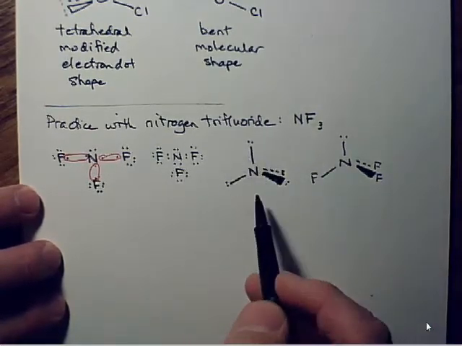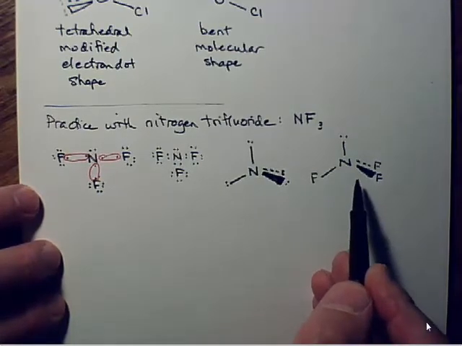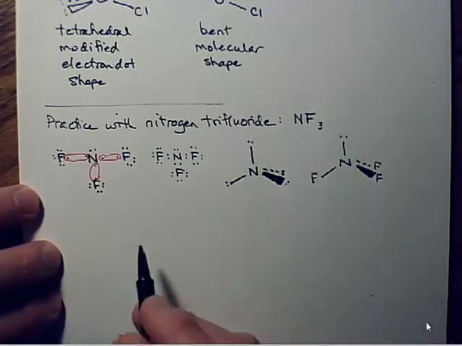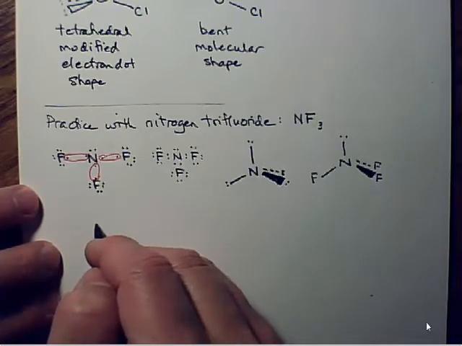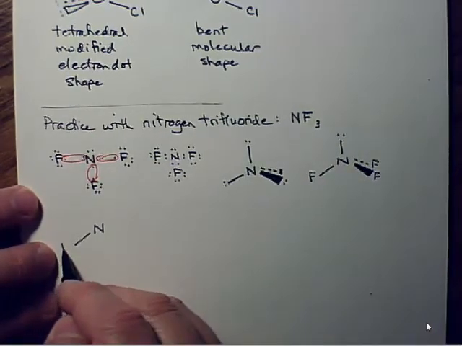And so this is called the tetrahedral electron pair shape. This is a tetrahedral modified electron pair shape. And finally, the molecular shape will remove that pair of electrons up there.